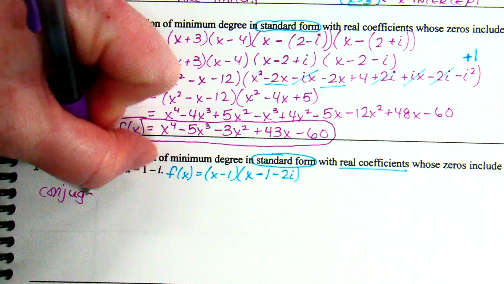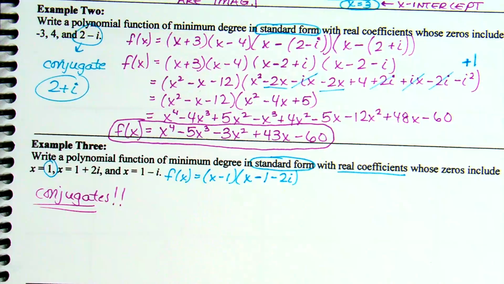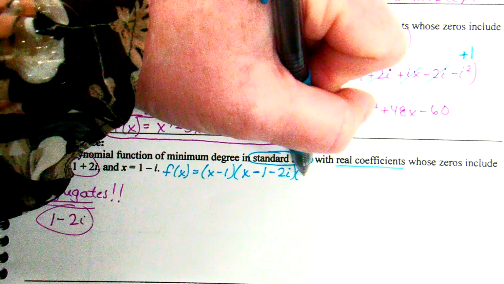Up top, we had the complex conjugate zeros theorem. If you have a complex number, such as 1 plus 2i, then we have to use the conjugates. The conjugate of 1 plus 2i is 1 minus 2i. So that will be a pair that we'll have to use. So this one, x minus 1 and plus 2i.